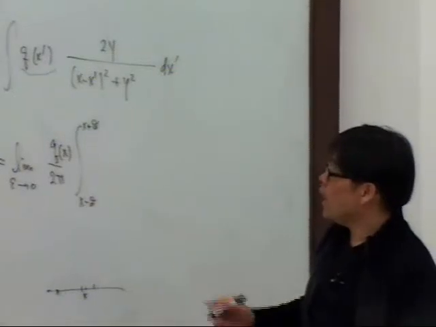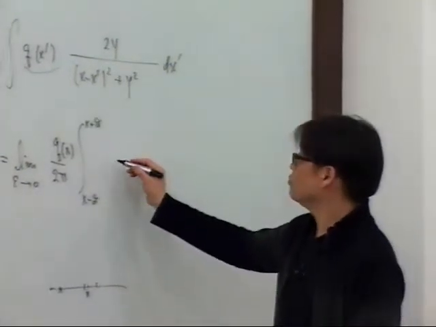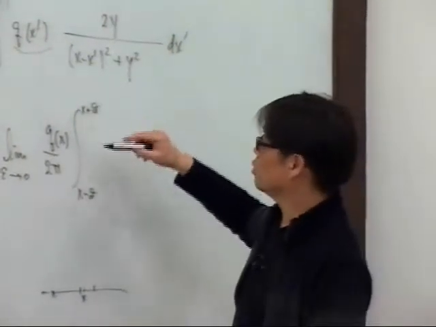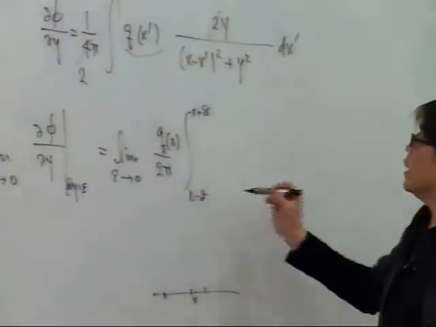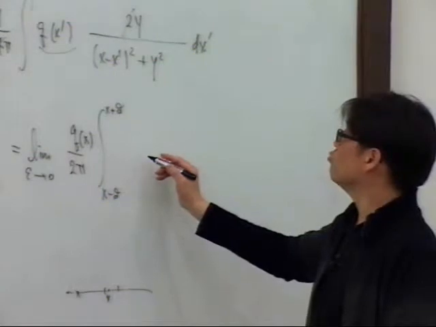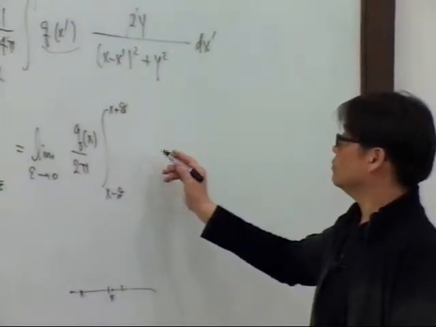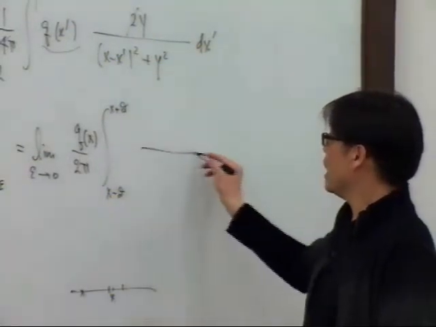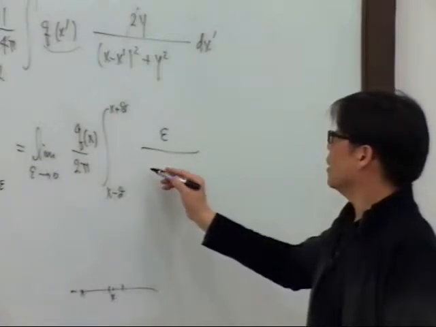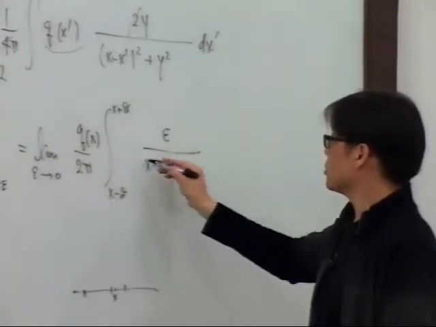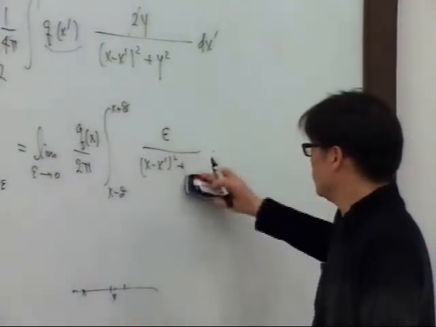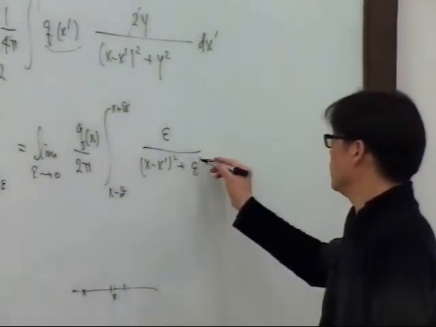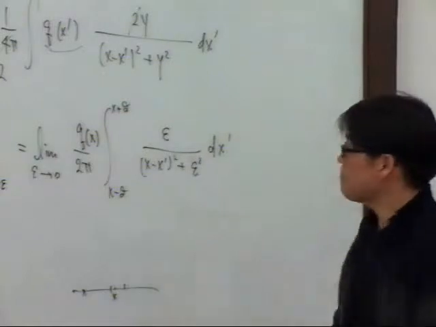And then y is epsilon, so I have also put 2 here. That's what I have. And then I have epsilon over x minus x prime squared plus y squared, epsilon squared, dx prime.